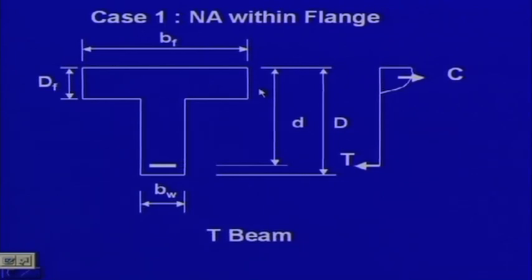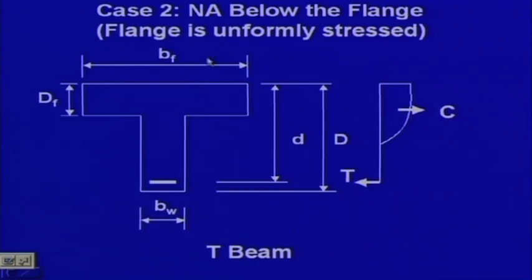The next case is possible. We shall come to the formulation again; let me first tell you what the cases are. The second case is the neutral axis below the flange, but the flange is uniformly stressed.